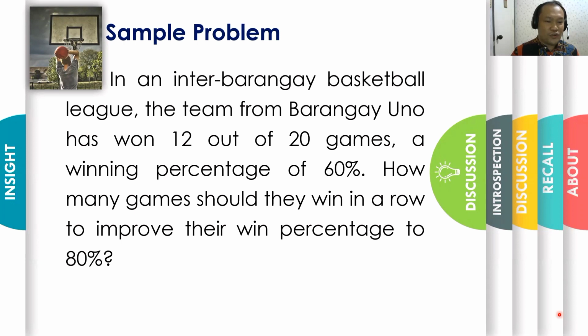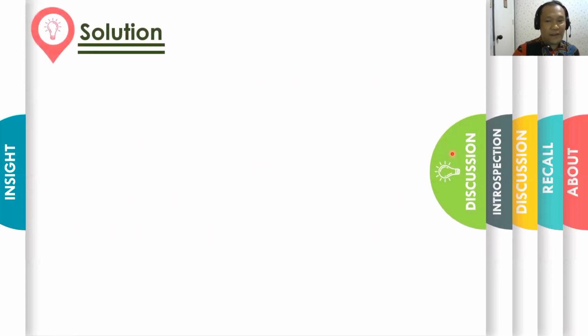And they would like to know how many winning games, if they are going to play consecutively, they need in order to improve their winning percentage to 80%. Now, in this problem, we are going to provide a certain solution.